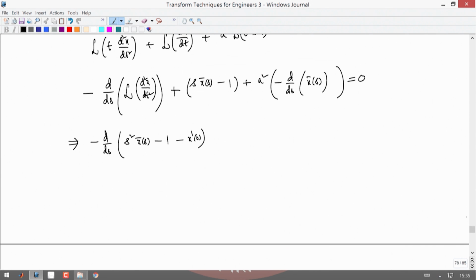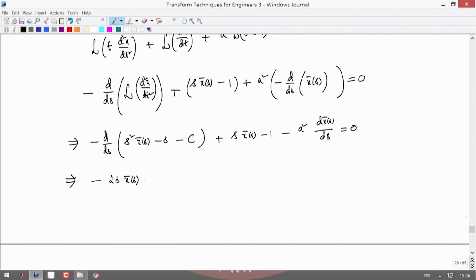Let me write this as c, which is anyway a constant, and this is s into x at 0, that is s into 1. So that is s. This is for this term. Another term is x bar of s minus 1, and here minus a² dx bar of s by ds equal to 0.